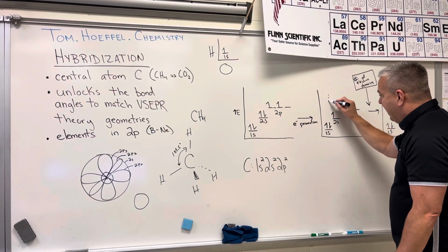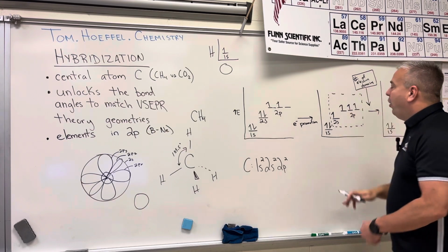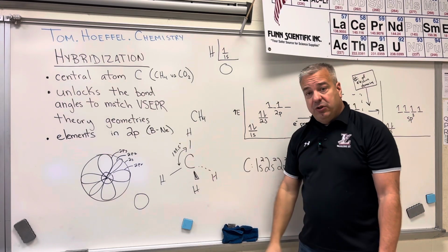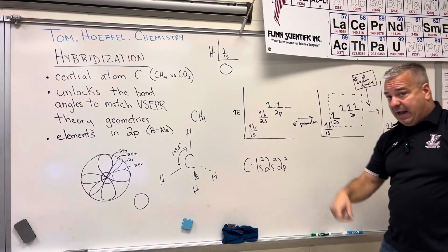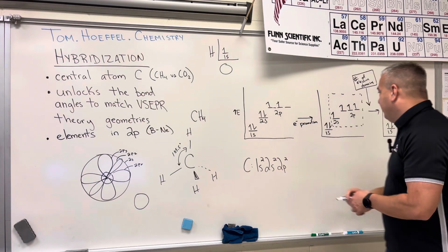So that's why I decided to hybridize all 4 of these orbitals. If this number was 2 or 3, I would not have grabbed all of these orbitals. I would have only grabbed 2 or 3 of the orbitals for the hybridization.